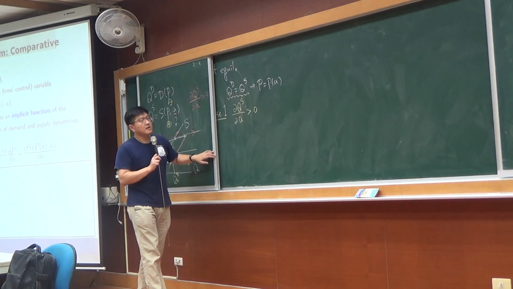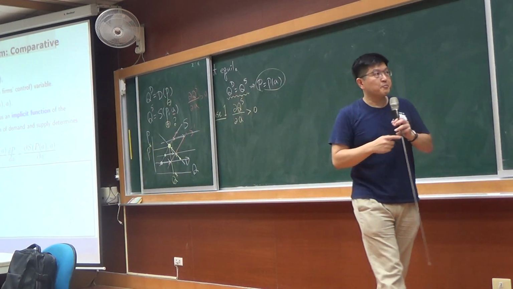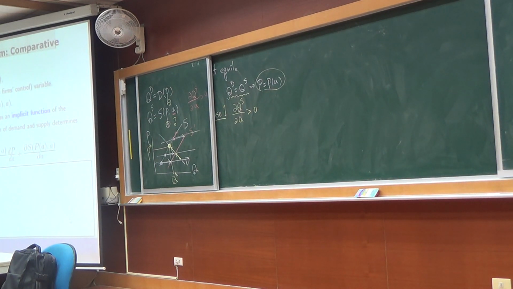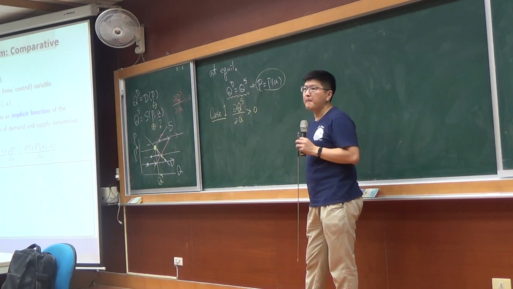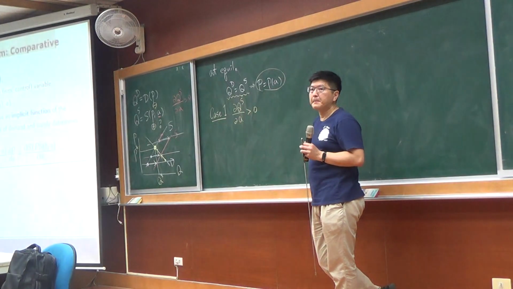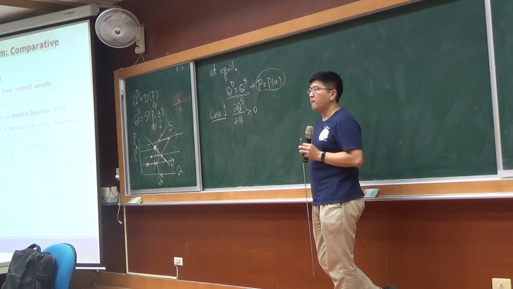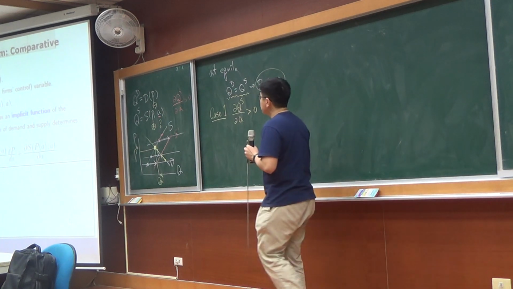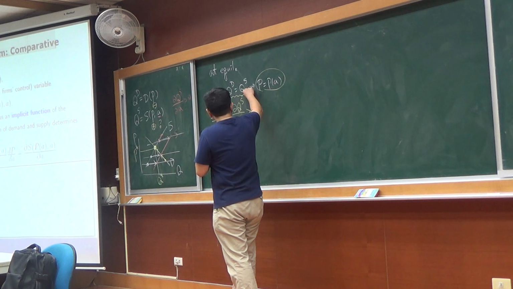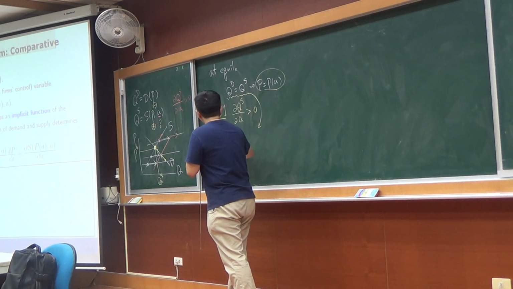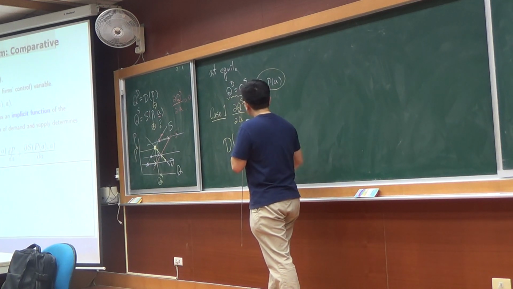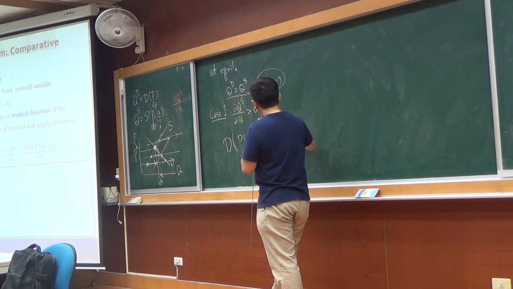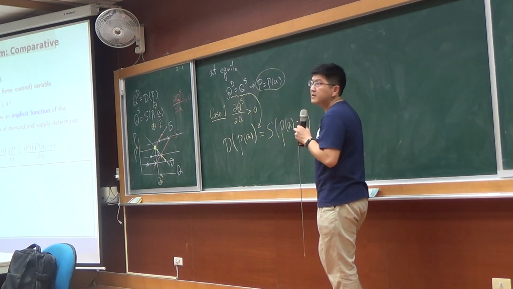And by this condition, we may have an implicit function that the price is actually a function of the supply shifter A. Therefore, this condition can be rewritten as demand of P, where P is a function of A, equals the quantity supplied, which is a function of P, which is a function of A, and A. Okay?